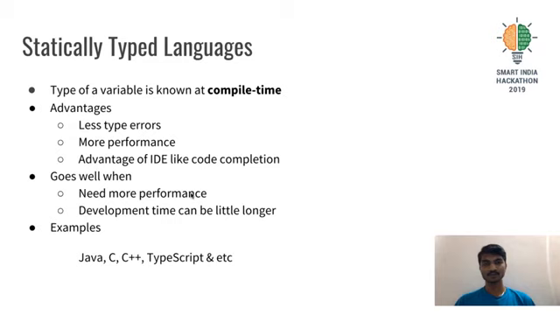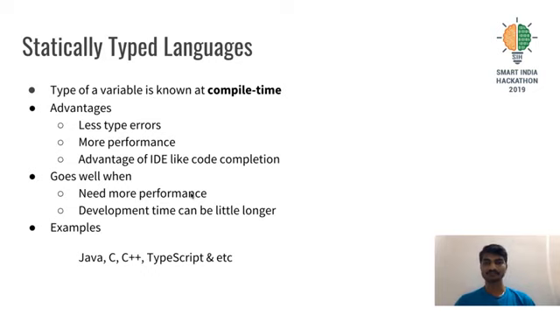It goes well when you need more performance in your system, but the development time can be a little longer, because every variable should have its type during development itself. Whenever I define a custom data type and something changes in my requirements, it will take some more time to update the change throughout my system.